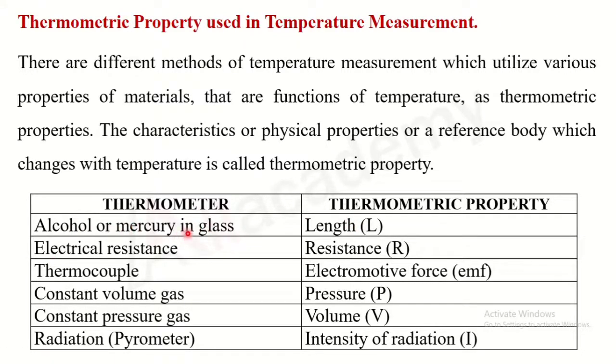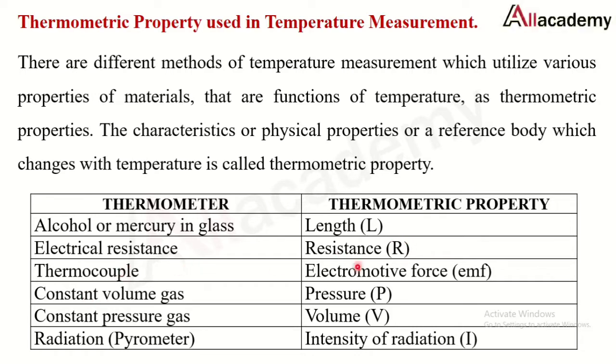In the alcohol or mercury in glass thermometer, the thermometric property is length. With a change in the temperature, there will be a change in the length, and based on that we identify the temperature. Then in the electric resistance thermometer, if there is a change in the temperature, there will be a change in the resistance.